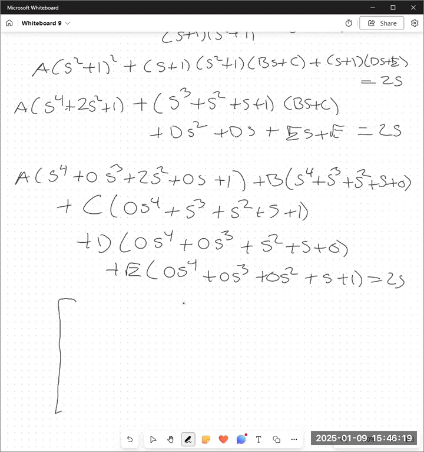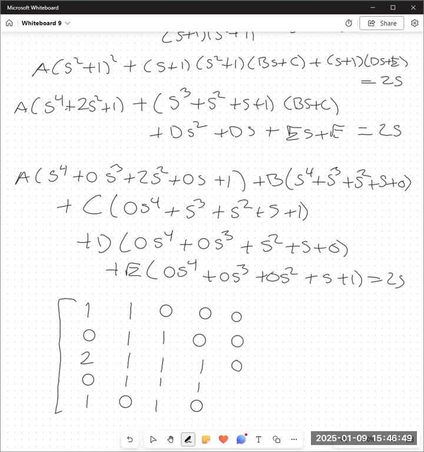So my column is 1, 0, 2, 0, 1 for A, then 1, 1, 1, 1, 0 for B, and then 0, 1, 1, 1, 1 for C, and then 0, 0, 1, 1, 0 for D, and then 0, 0, 0, 1, 1 for E, and then my 2 is in my S's, everything else is zeros.